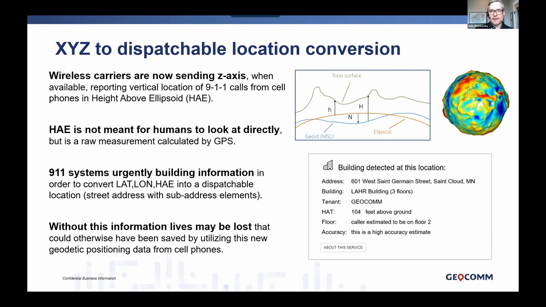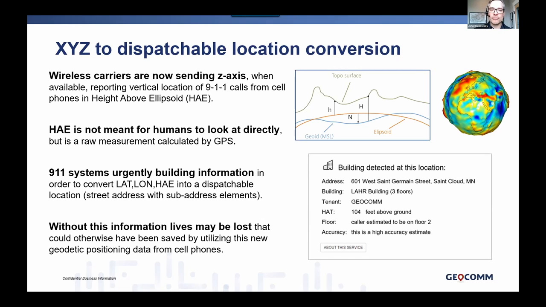However, it is a good measure of altitude, and so it can be converted into a dispatchable location. We typically think of a dispatchable location as, for example, a street address, maybe a building name, and then even sub-address elements like the floor in a building.